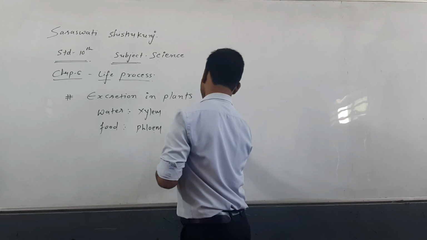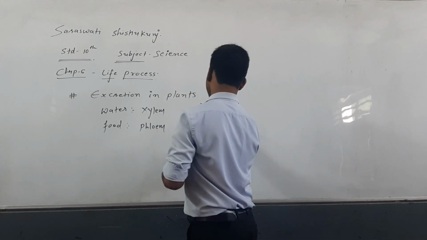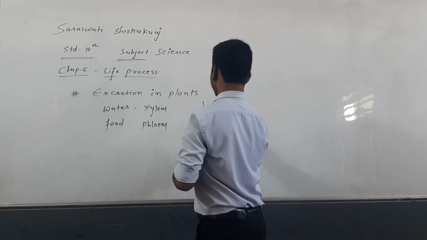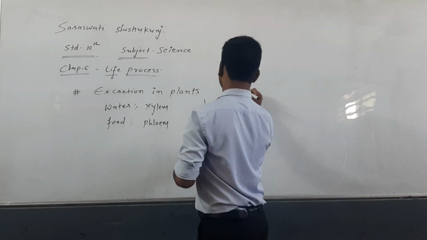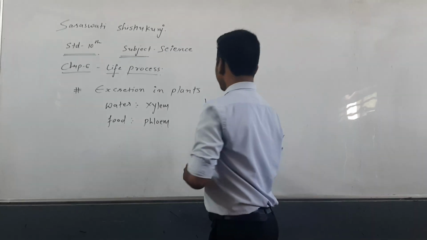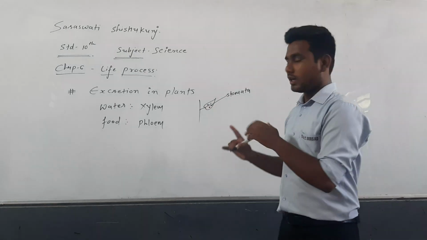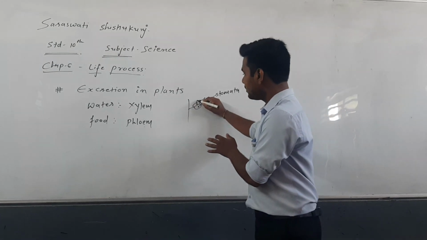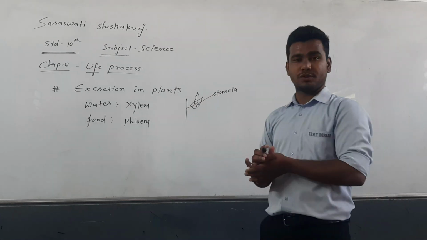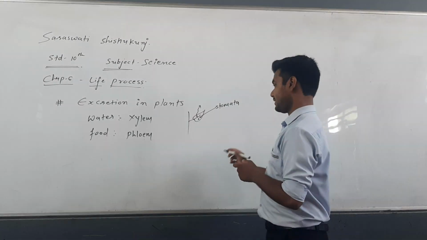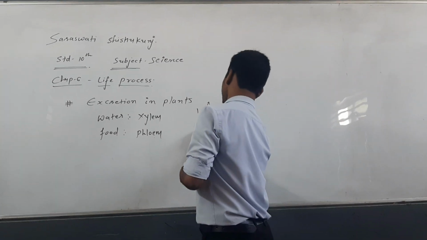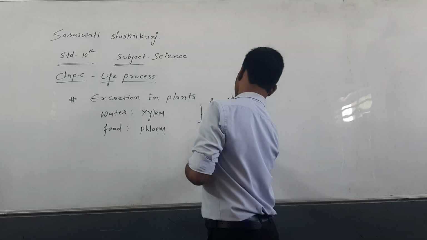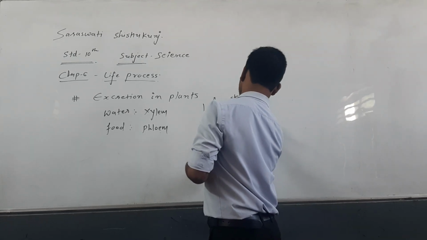Generally, we know very well that leaves have small pores known as stomata. Through these stomata, water from the leaves is released into the atmosphere, and that process we call transpiration.